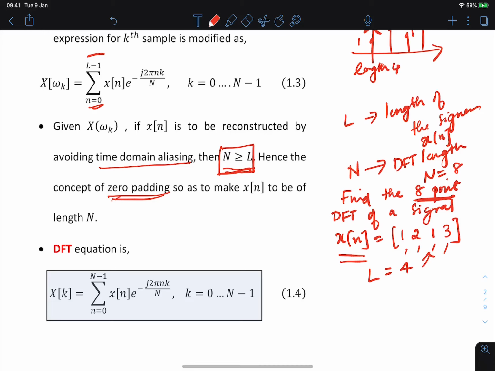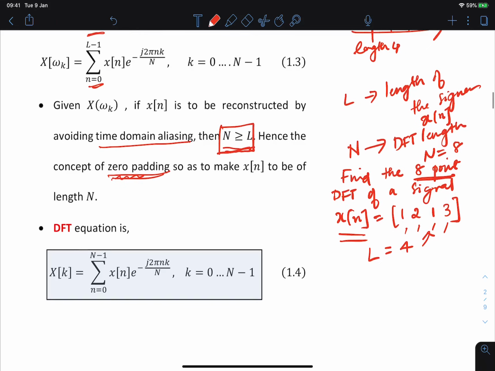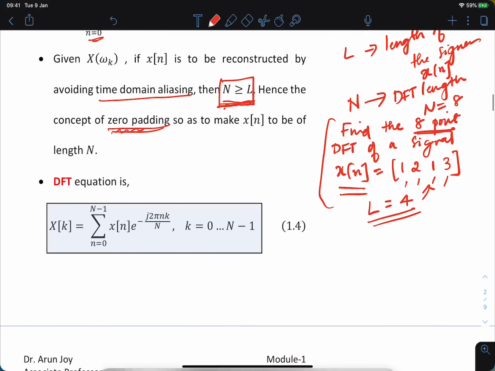There is a concept called zero padding. Always remember N should be greater than or equal to L for a proper reconstruction of the DTFT from the DFT. When such a question is asked, the first step is to modify the signal, that is, zero pad: add zeros to the end so that the signal length is at least equal to 8.